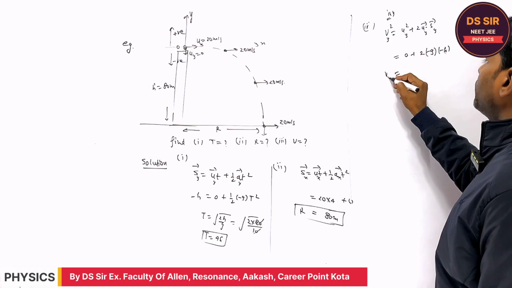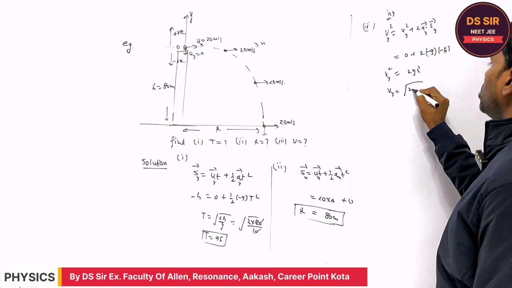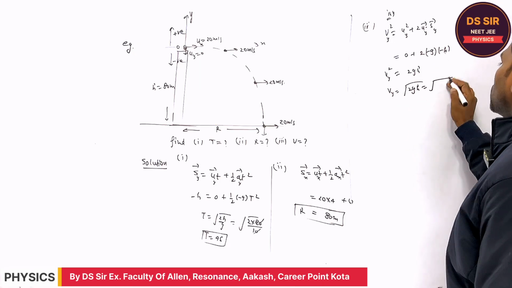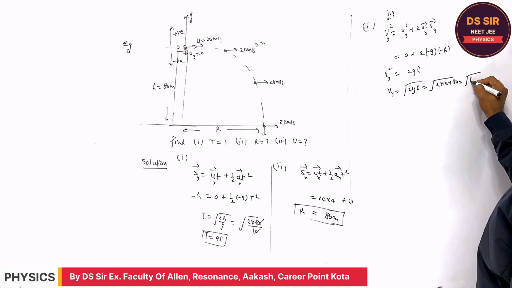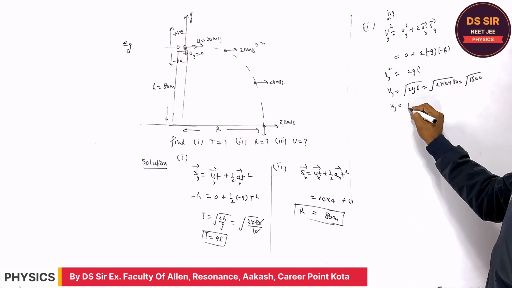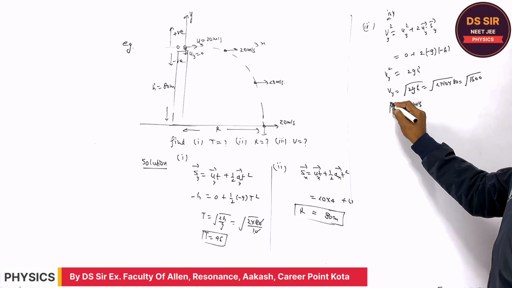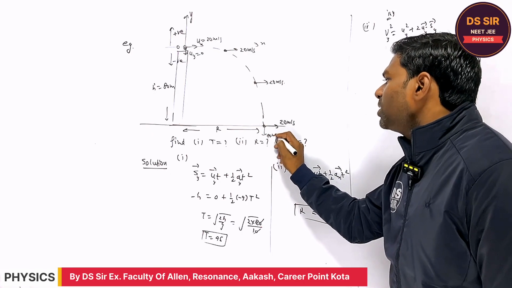Fine. So vy square is equal to 2gh and vy is equal to root 2gh. So this is 2 into 10 into 80. How much is it? 1600. So the vertical velocity in the y direction is 40 meters per second. Is it clear?